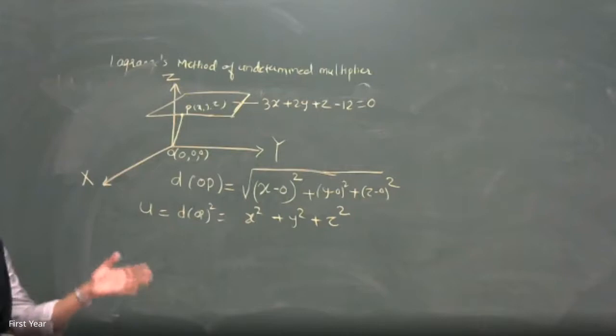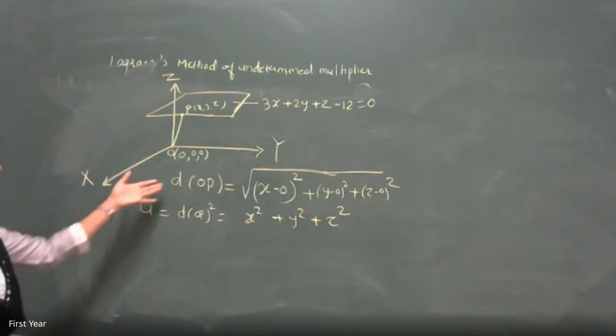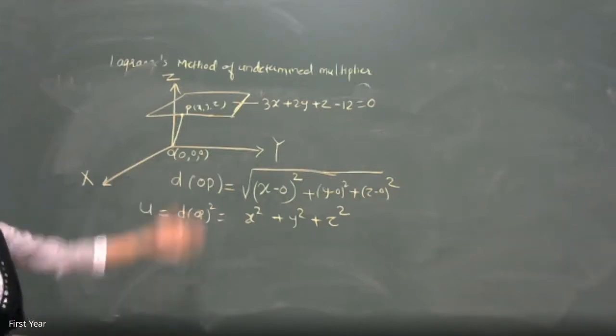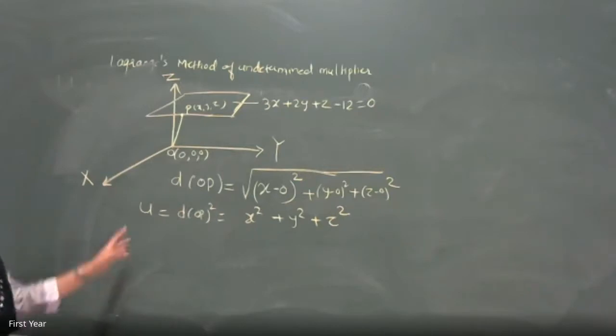Because if I get x, y, z, then I get this u, and I can put it in the distance OP square root and get the minimum distance. For our convenience we make the derivative simple by taking u equal to x square plus y square plus z square, because I have to minimize the distance.